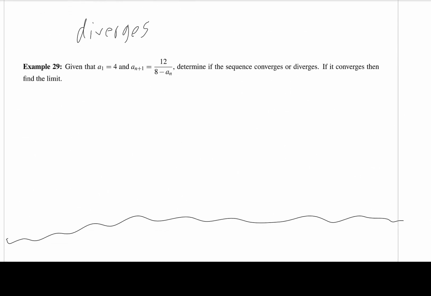Because of that, what I want to do is look at what happens for our convergence. So I'm going to tell you that it converges. I want you to practice figuring that out.